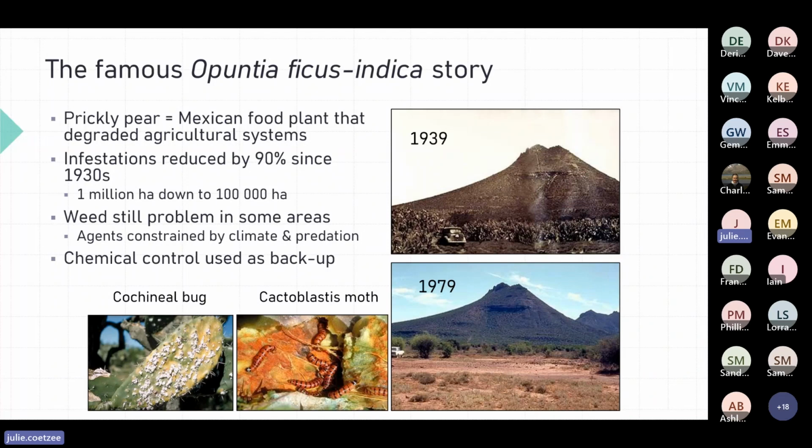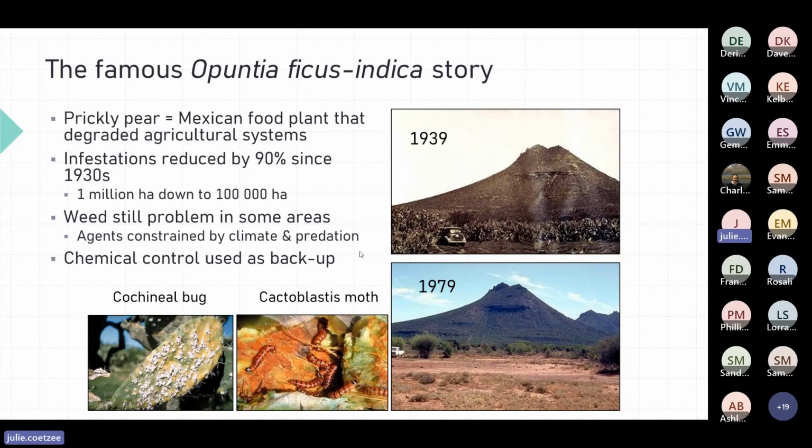And in the early 1920s, more than 1 million hectares of the Karoo area around the Eastern Cape, Northern Cape, and Western Cape were invaded. That's 1 million hectares invaded. And by the 1930s, following the release of 2 biological control agents, the infestation was reduced by 90% to just 100,000 hectares. And this weed is still a problem in some areas.